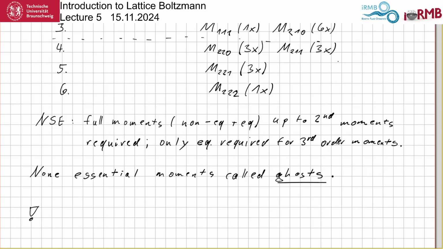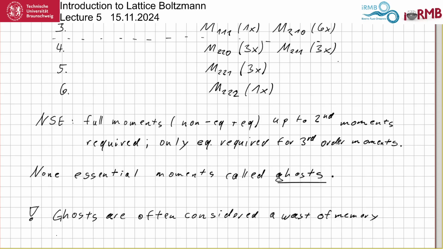They are non-essential, and if we call something a ghost, it's something we probably don't like. Ghosts are often considered a waste of memory, because we have to store them. The other thing is we also have to relax them, we have to do something with them.